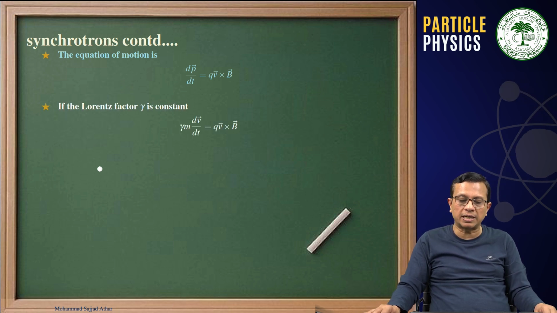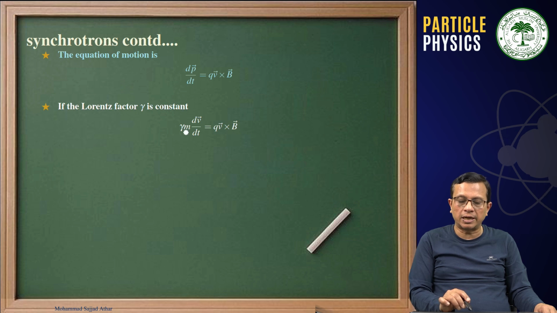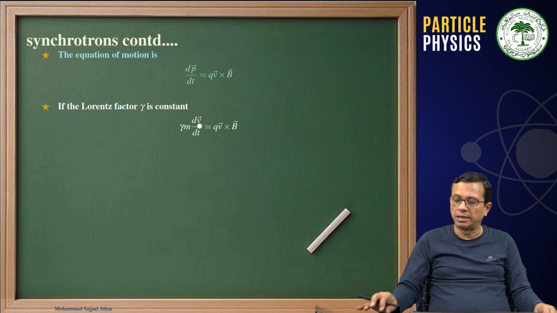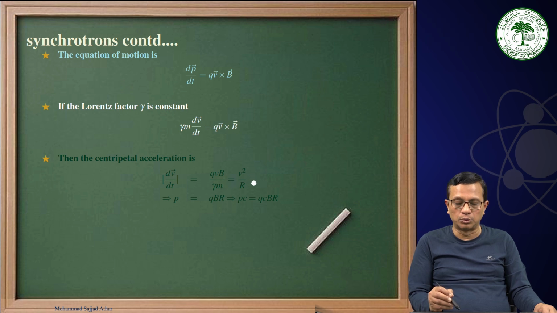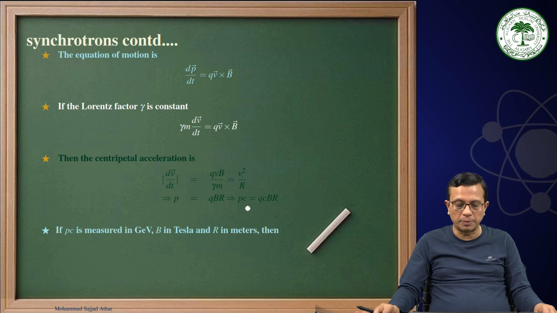If the Lorentz factor is gamma, then this will be gamma m dv/dt, which is simply qv × B. Then the centripetal acceleration dv/dt = qvB/(gamma m) will be equal to v²/r, as we discussed in the very first problem. And then the momentum will be p = qBr, and this implies if we multiply both sides by c, pc = qcBr.